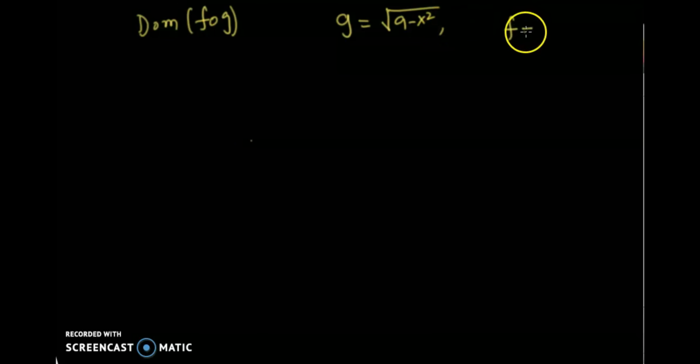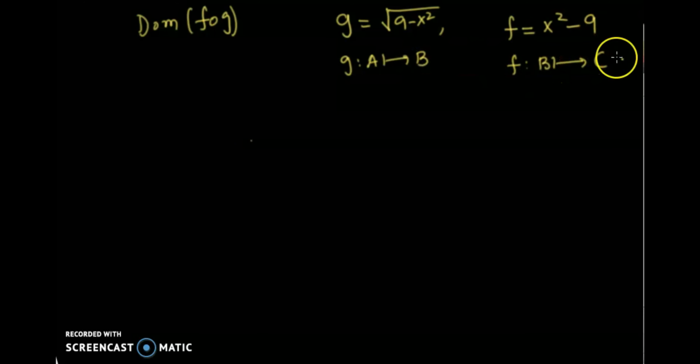About the domains, domain of f of g, where g was equal to square root of 9 minus x square and f was equal to x square minus 9. Don't forget that this is inner function which is defined from a to some b subsets of R, and f was defined from, let's say, b to c.